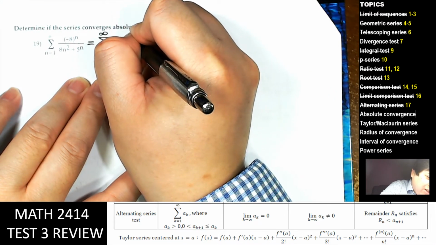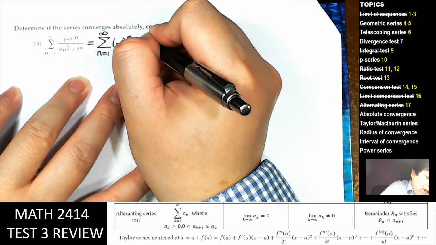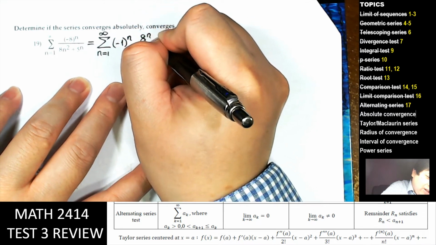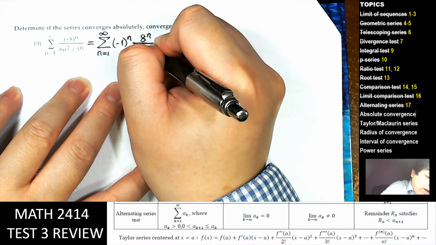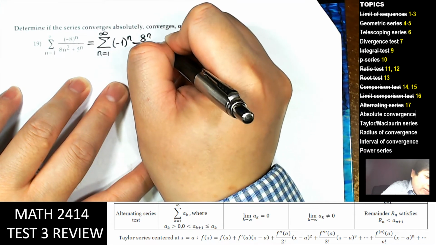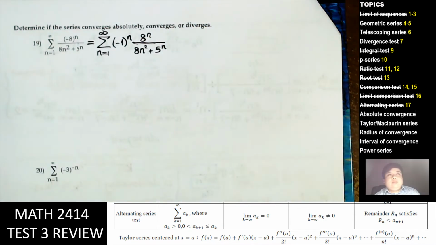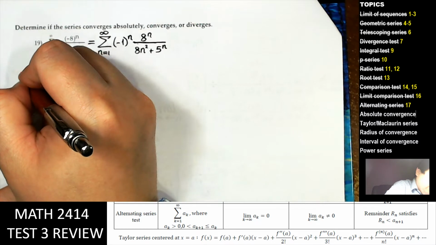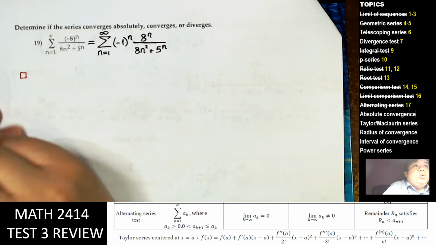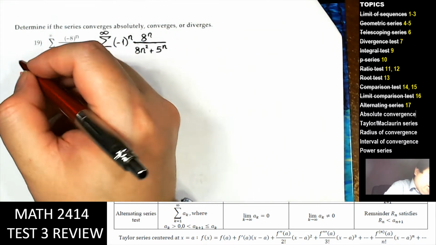If we write that as (-1)^n times a^n over (8n^2 + 5^n), right, now let's check two things. What happens when n goes to infinity, and is this one decreasing?